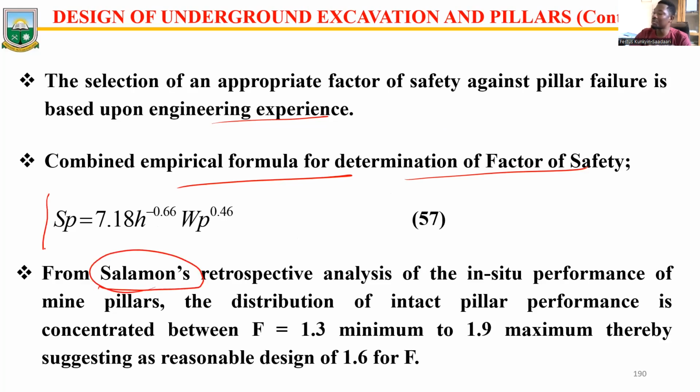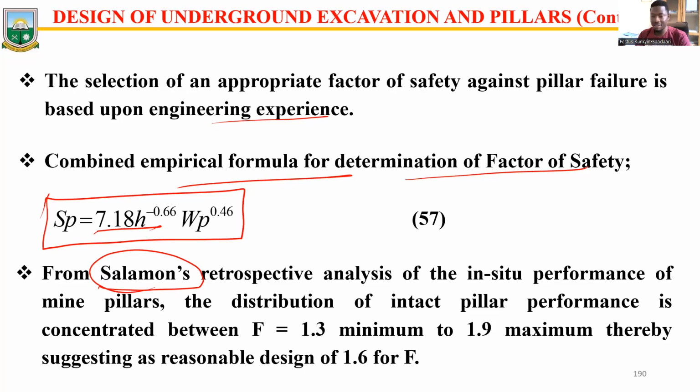He came up with this Hundius formula saying that the pillar strength is equal to 7.18, the height from the top of the surface to the point you are putting your pillar, to the power minus 0.66, times the width of your pillar to the power 0.46.